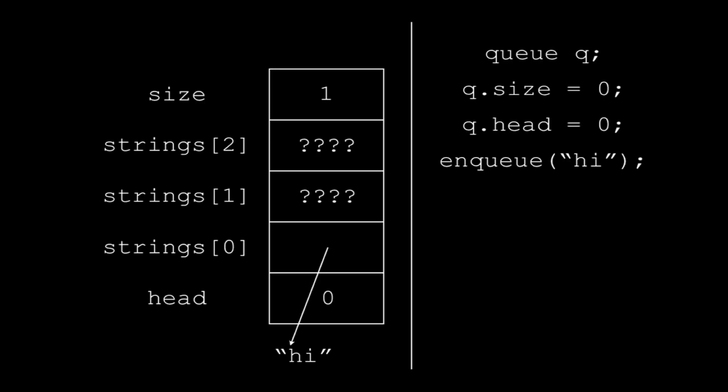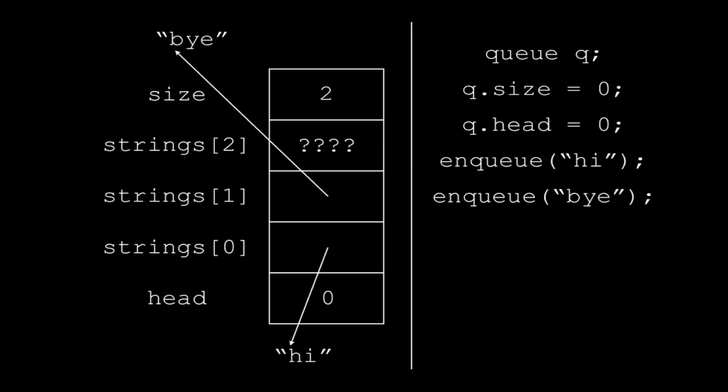So the first thing that happens here is we enqueue the string high, right? And just like it did with the stack, nothing terribly different here. We throw the string on at string sub 0 and increment our size by 1. We enqueue it, it gets put on.